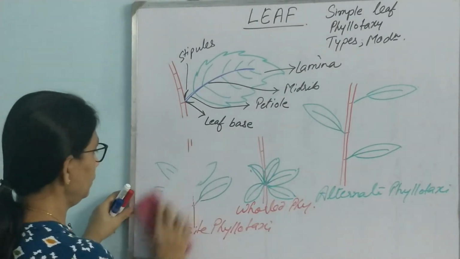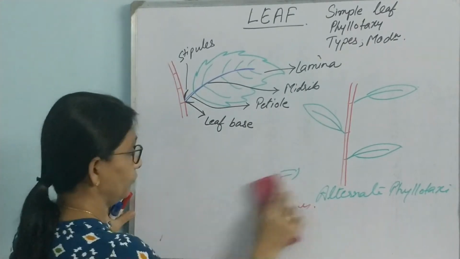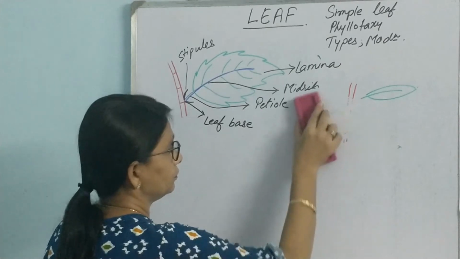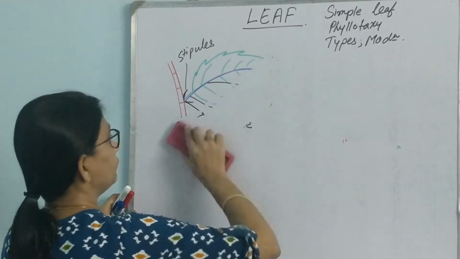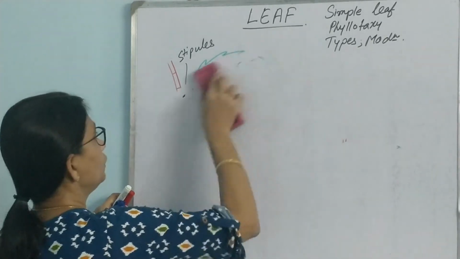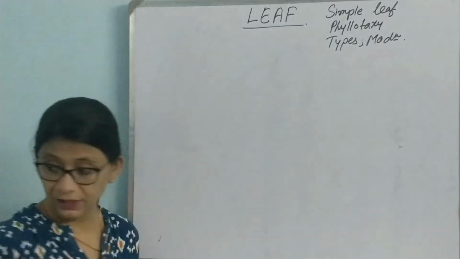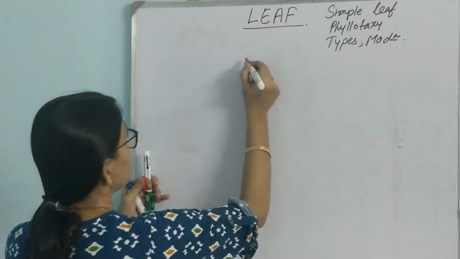Now let us see what are the types of leaf. Based on whether the node has a single leaf or multiple leaf, it is divided into two types. Let us see what they are.